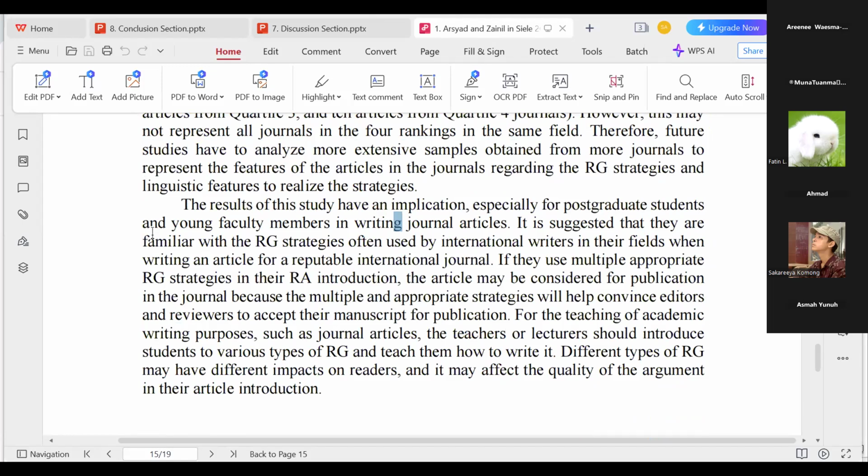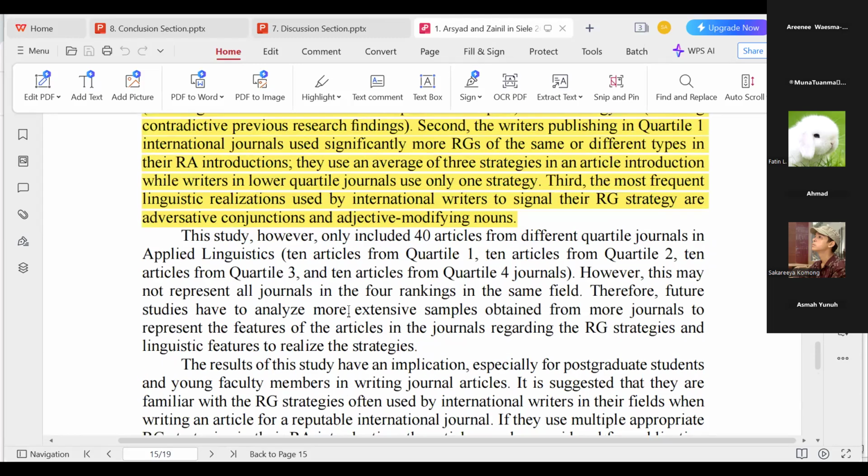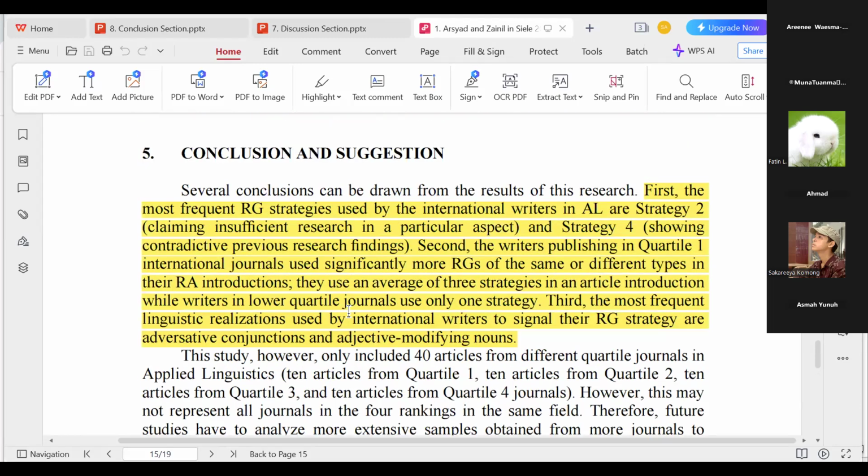Okay, next in the last paragraph, this is the implication. The results of this study have implications, especially for postgraduate students. So what should be done to improve their condition? The three moves are important or obligatory, but not all steps are obligatory in each move.